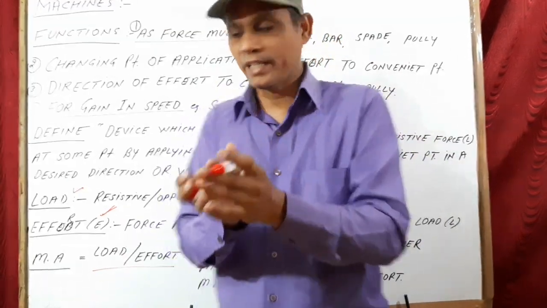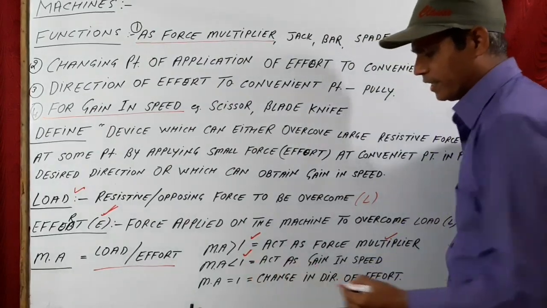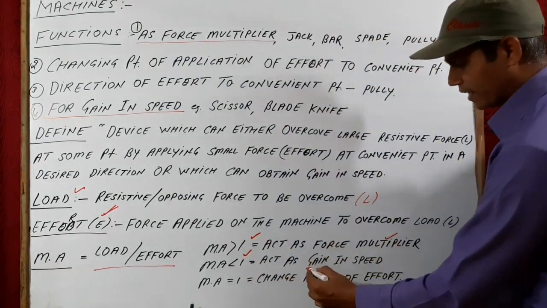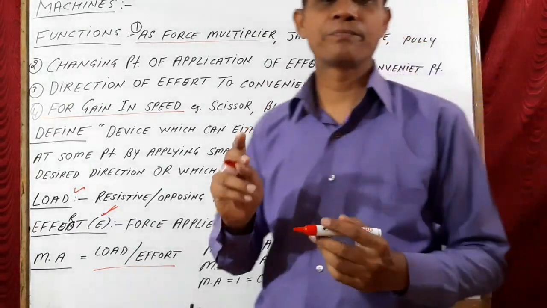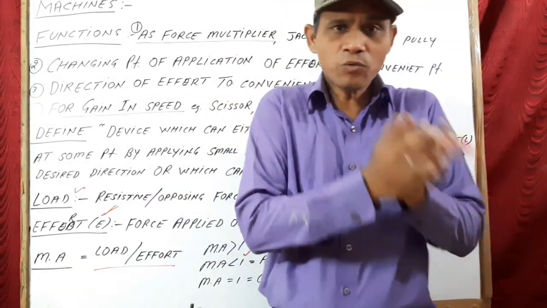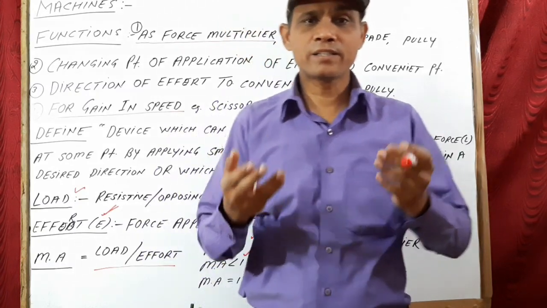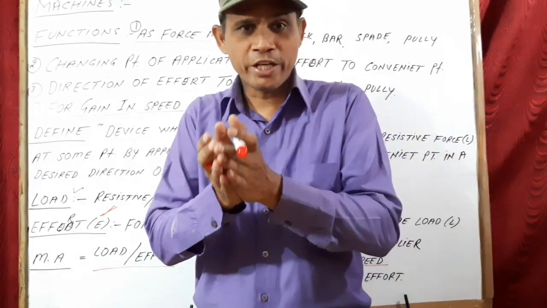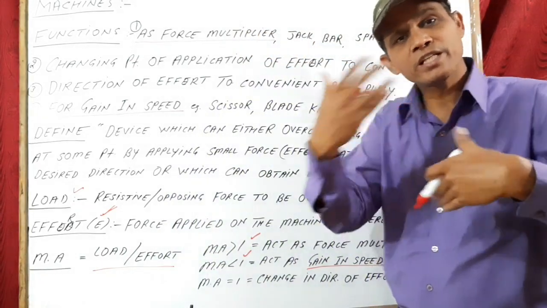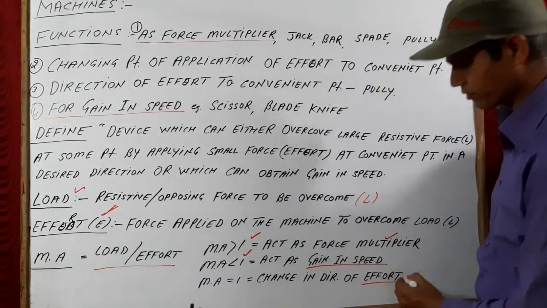And if it is less than 1, in that case the machine will act as gain in speed. And if it is equal to 1, in that case the machine will act as a change of direction. It will change the direction of effort.